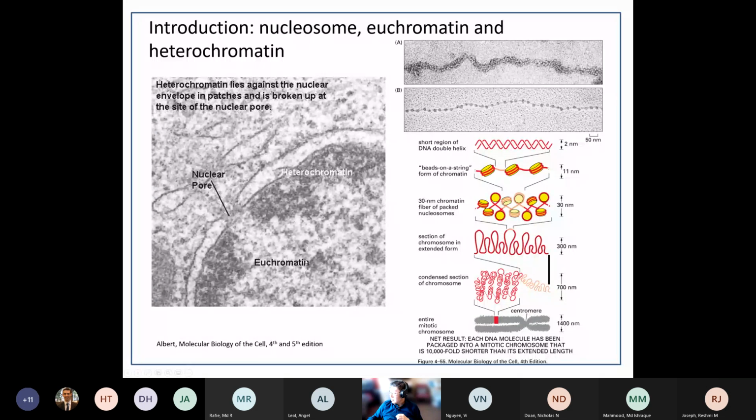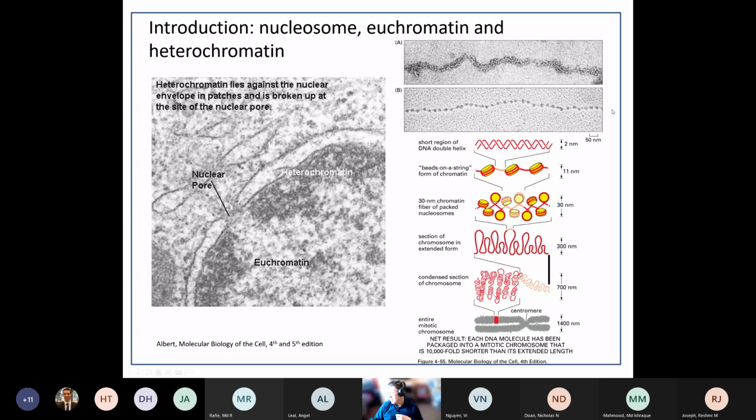So let's dive deeper into the structure and see what is euchromatin and what is heterochromatin, and I will use this illustration to explain that. The DNA starts with the double helix, the DNA sequence. People say if you extend the DNA completely to be thread-like and linear, it would surround the Earth.